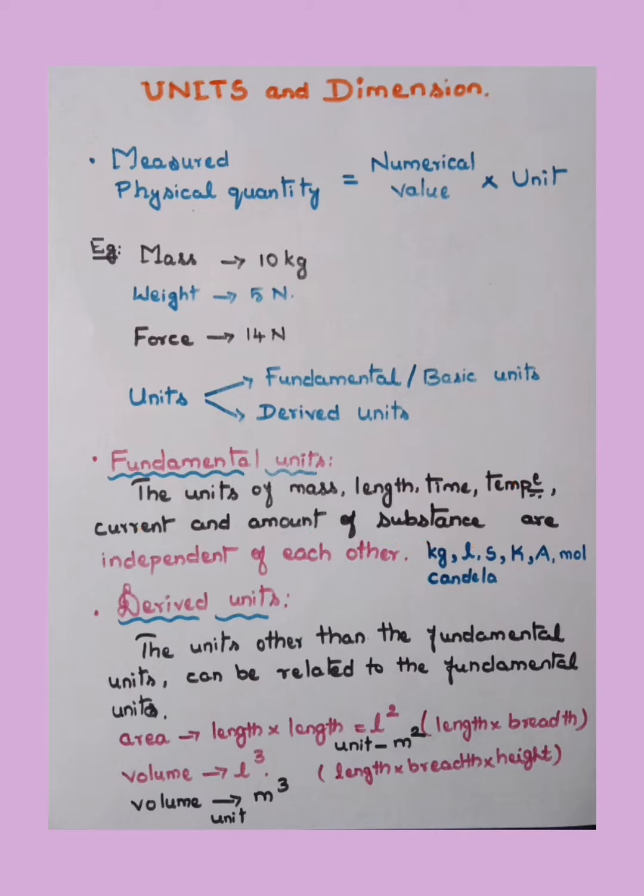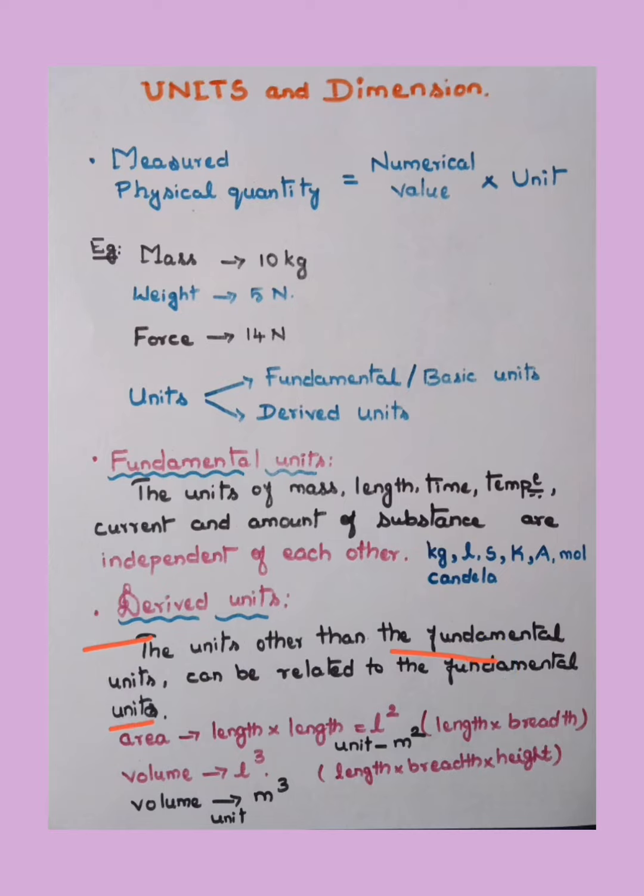These are the fundamental quantities, and the fundamental units are kg for mass, meter for length, second for time, Kelvin for temperature, and so on. And candela is the unit of luminous intensity, how bright an object is, for stars and so on, to calculate the brightness.